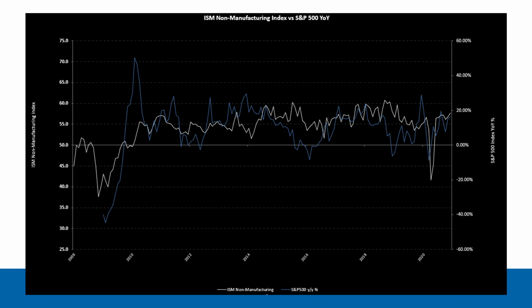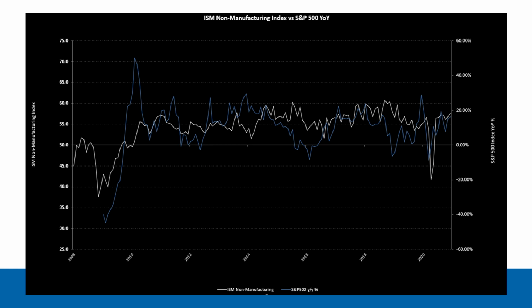If we look below the 50 level, at periods where the NMI was below 50, and we look at the GDP year-on-year performances there, you can see from the 2008-2009 period, when we had the global financial crisis and the US recession, that stock market performance year-on-year at that time was around negative 40%.